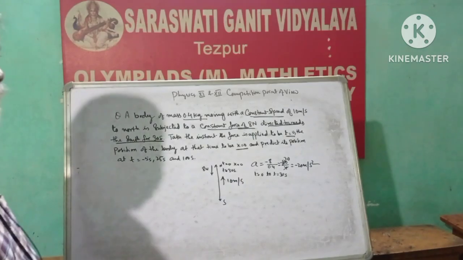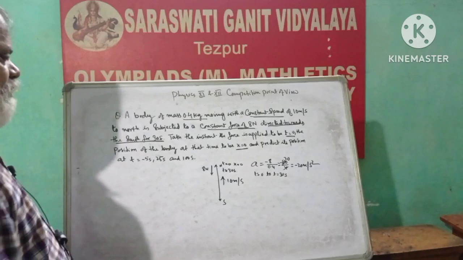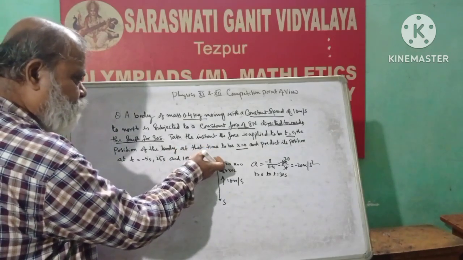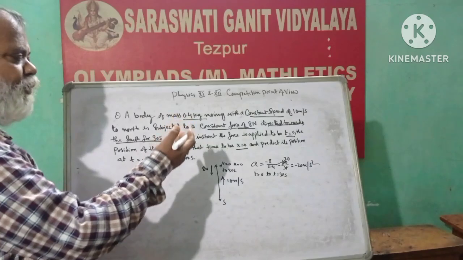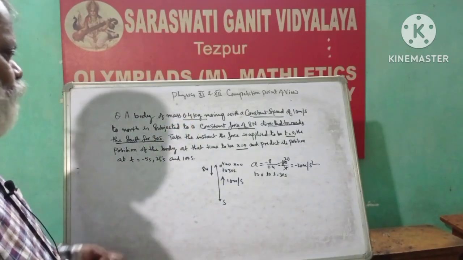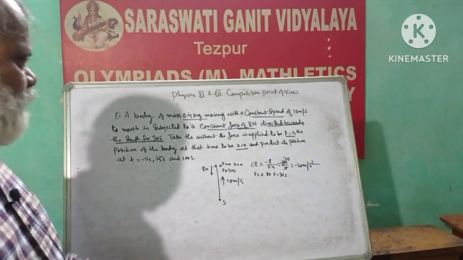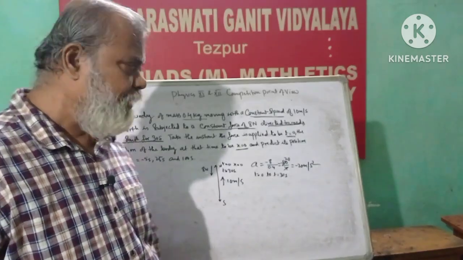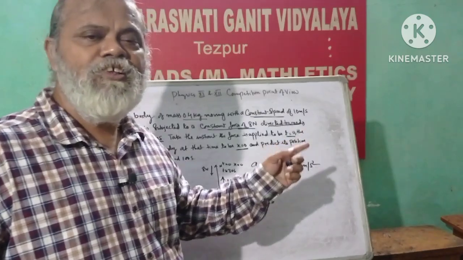Now the question asks at t is equal to -5 seconds, that is 5 seconds before t is equal to 0. Before t is equal to 0 there was no force, that means it is moving with constant speed.